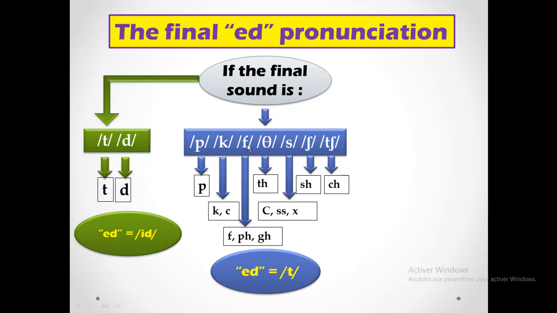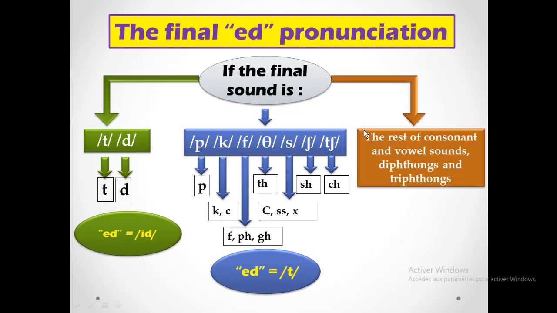F, it is written with f or ph or gh. Th, it is usually written with th. S, it is written with c or double s or x. Sh, with sh. Ch, with ch. So when the final sound is one of these, the final ed is t.